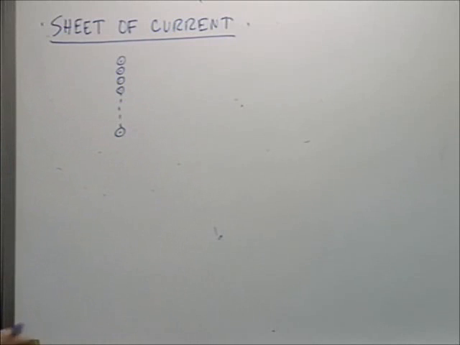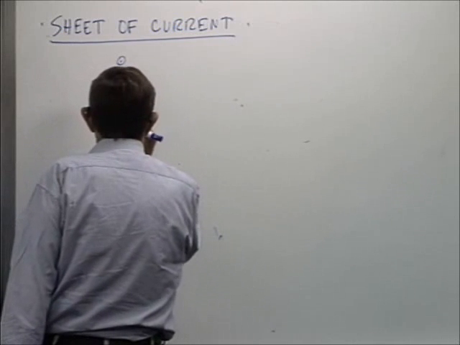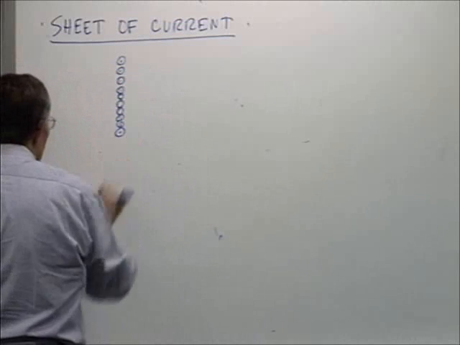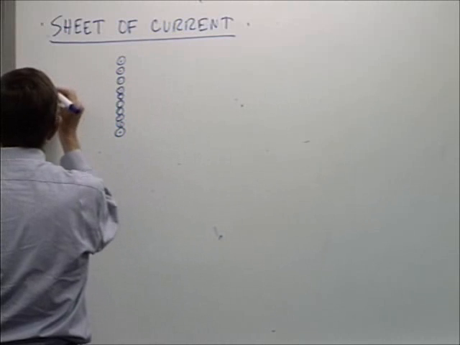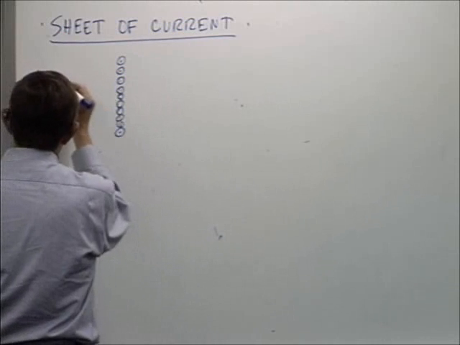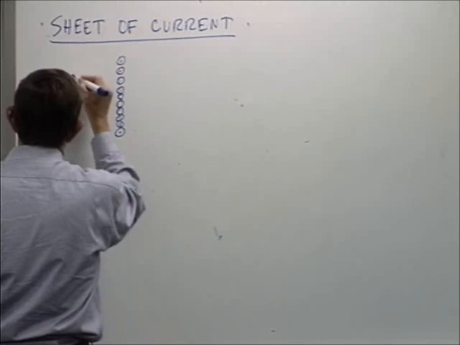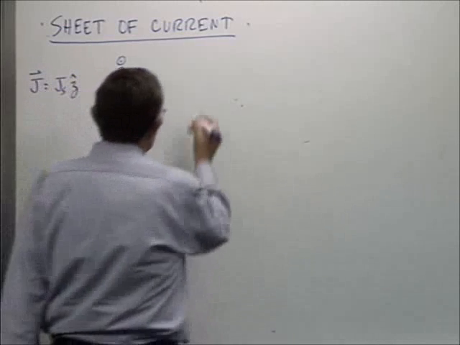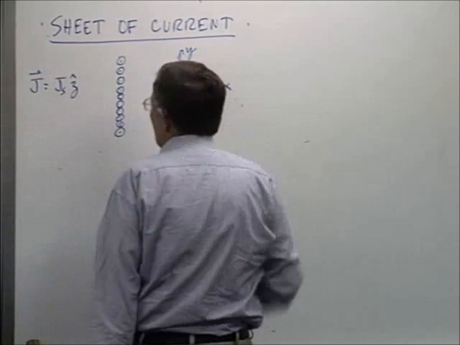I'll stack them up. So there's a current density on this boundary. That current density is Js in magnitude, and let's put it in the z direction. Let's make my coordinates where this is x and this is y.